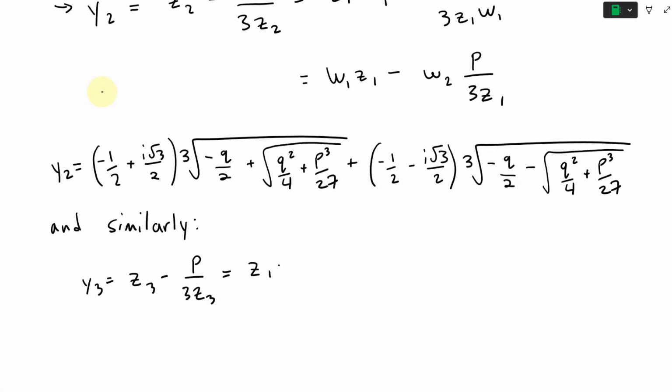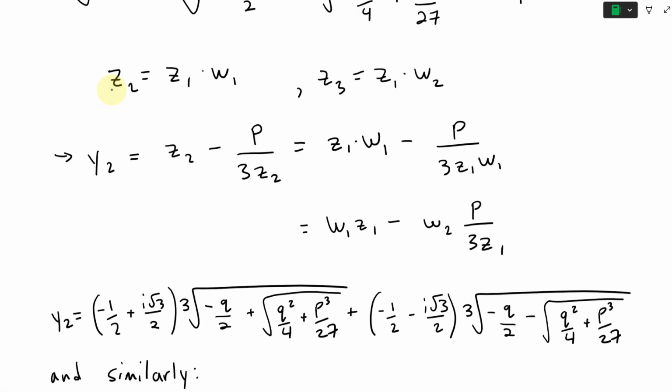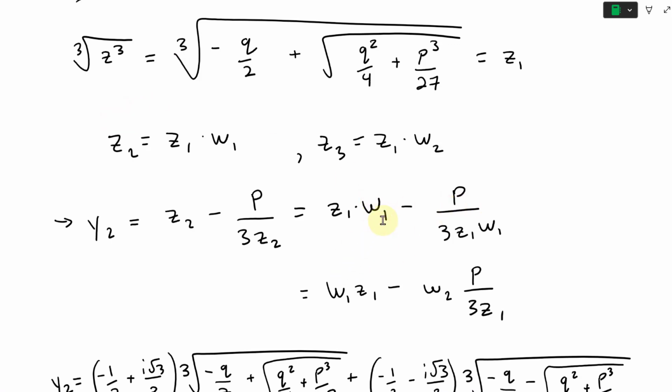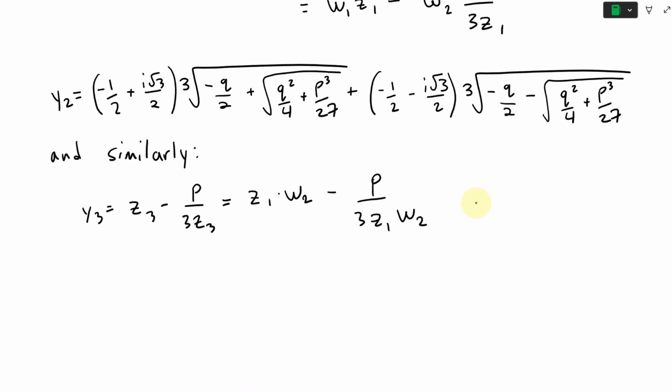Now we're going to multiply by w2, and then minus p over 3z1 w2, and then 1 over w1 is w2, so flip that around, this becomes w1. So this just equals w2 z1 minus, and then we're going to get this multiplied by w1, so flip that over, p over 3z1.